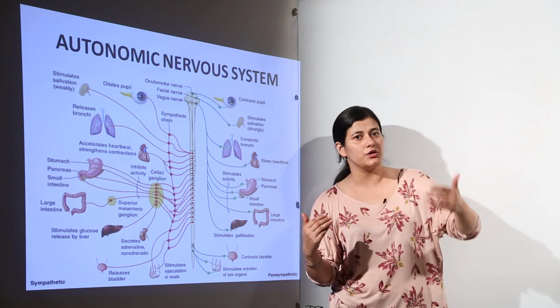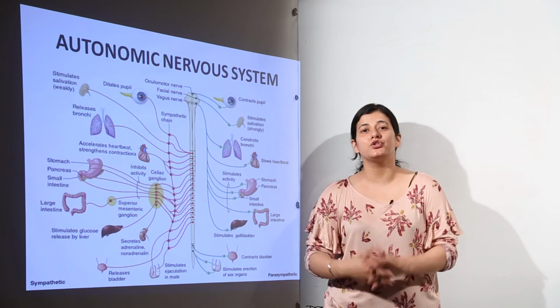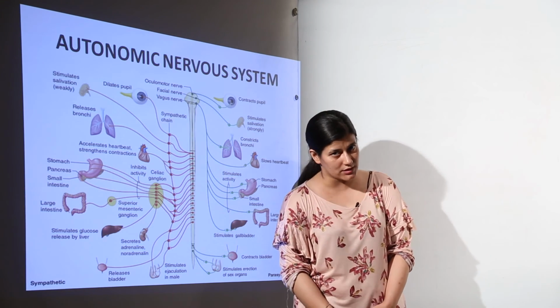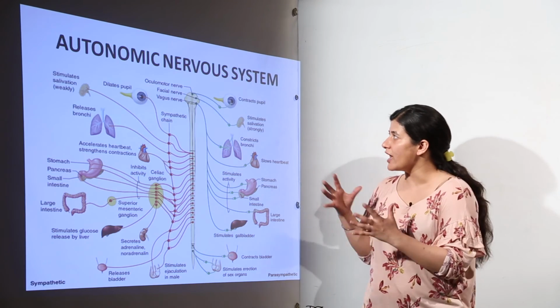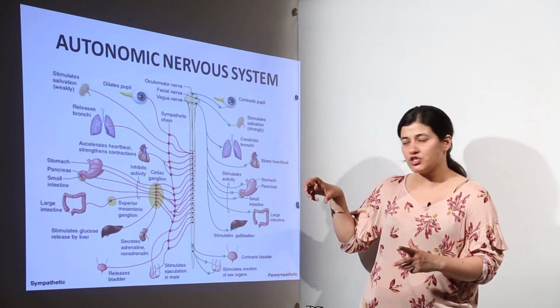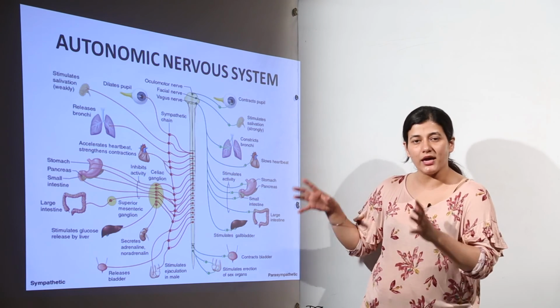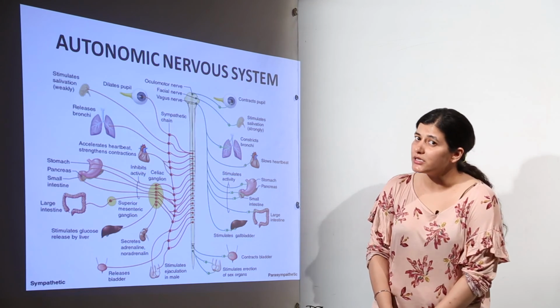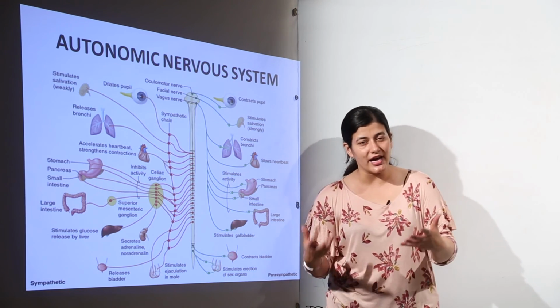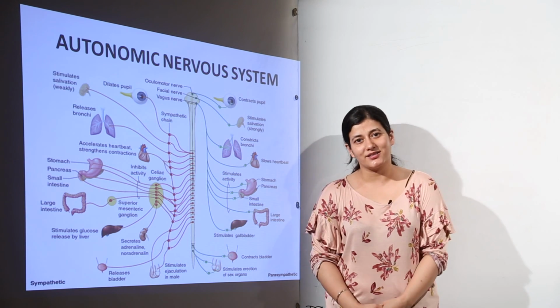If the sympathetic is doing the opposite, parasympathetic would take care of bringing you down. So this is how these two systems of the autonomic nervous system are working, and what you have to take care of in this particular thing is that the nerves are originating from the central nervous system. That is why it is autonomic and it is not in our control. It has not much to do with the sensory part. That is all.